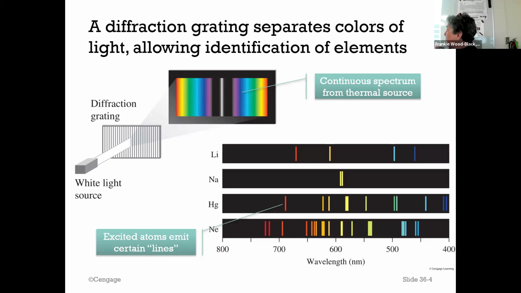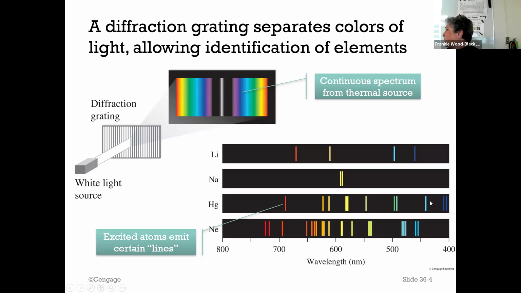The bluish green ones are mercury lamps. If you look at traditional mercury vapor fluorescent tubes, you'll see those blue mercury lines in our diffraction gratings.